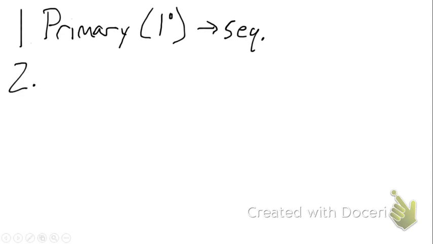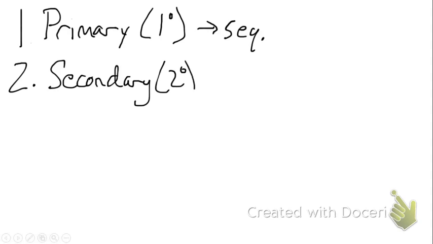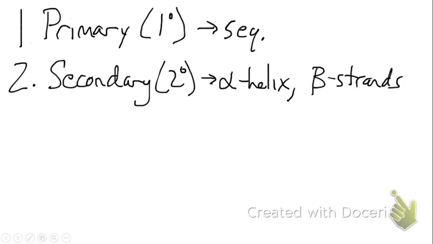The second, so you have primary structure, and then we have secondary. These are alpha helices and beta strands. If you put more than one strand together, you get sheets. We'll talk about the directionality of these things in the next set of lectures.